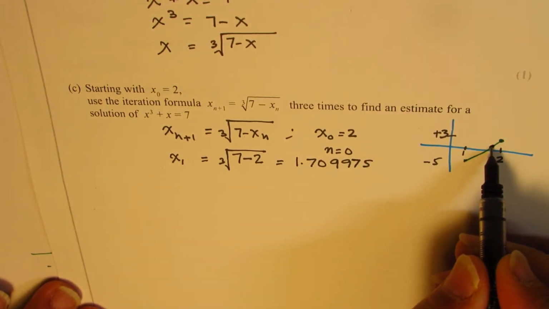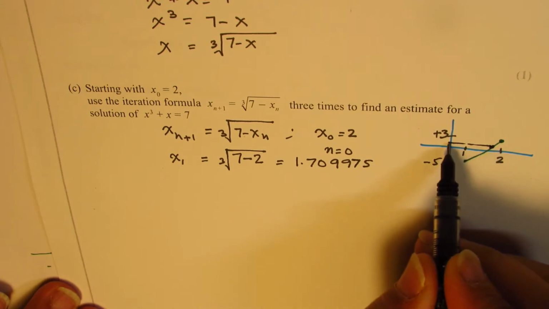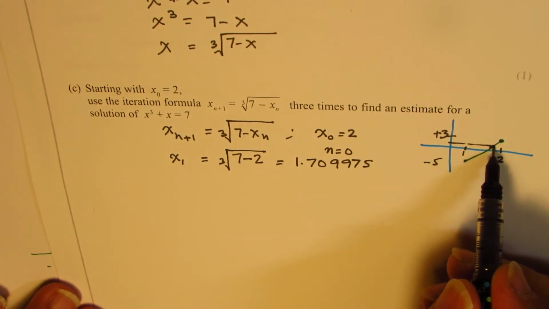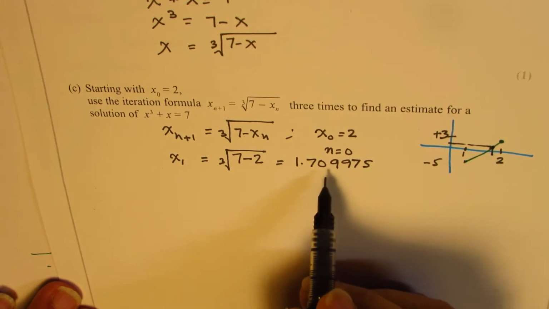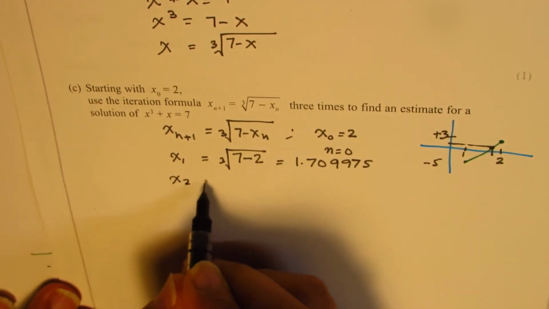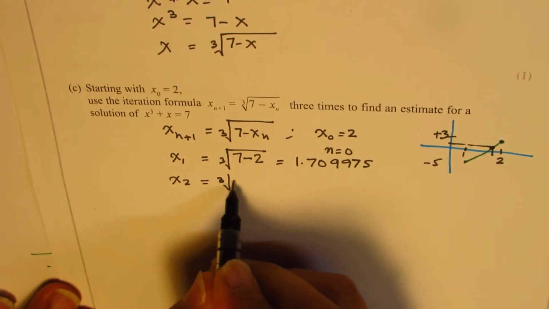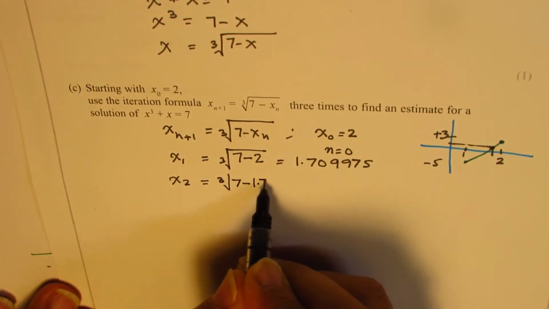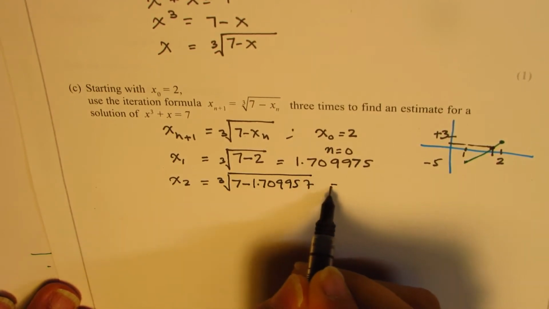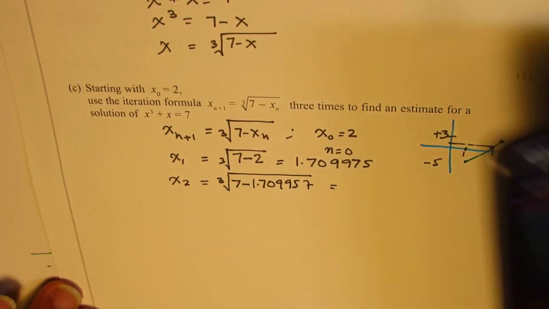Okay. Now for the second value, since this is positive, right? So we have come to this point. So that is where we have come. 1.709975. Since this is positive, this time we are going to use this particular value. So we substitute here, so we get x2 as cube root of 7 minus 1.709975. Is that clear to you? To get the third value. Perfect.